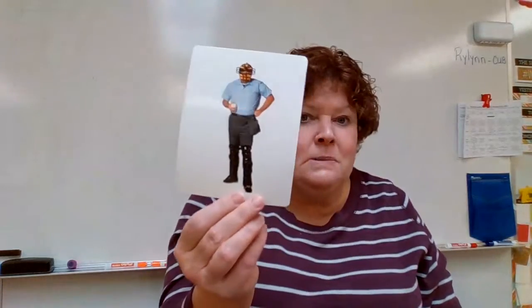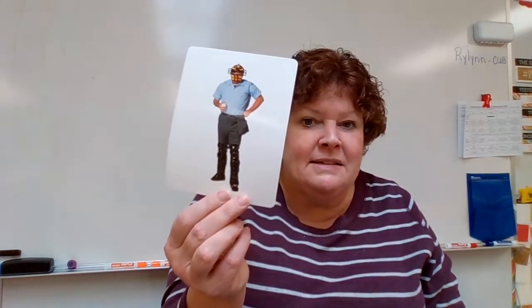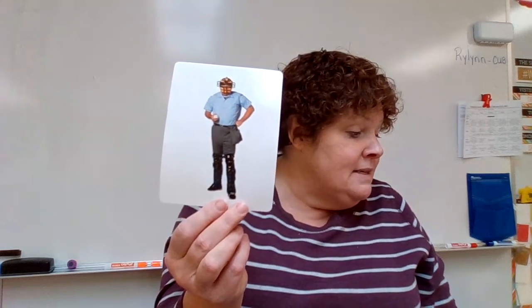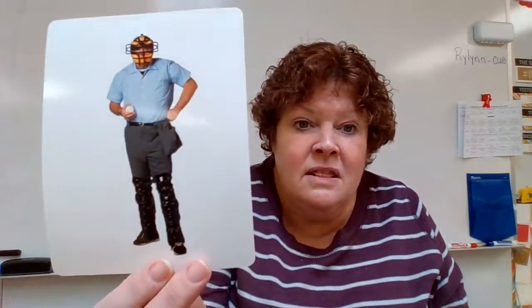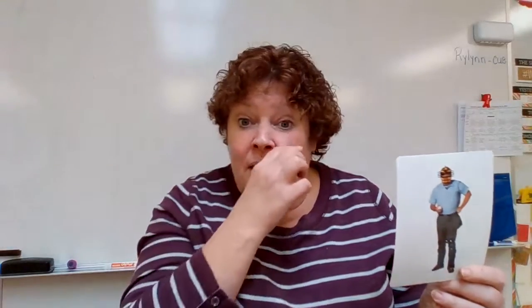If you play baseball, I bet you know what this is. This is an umpire. And our sentence is, the umpire wears a mask. Can you see that over his face? Now, we think a mask as right here, right?